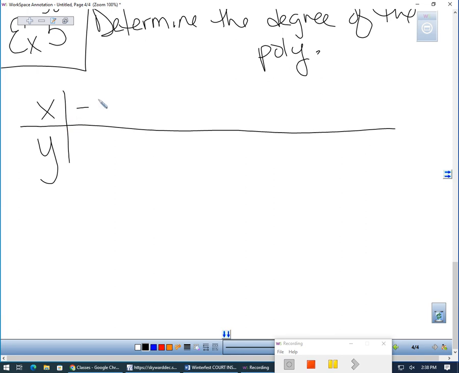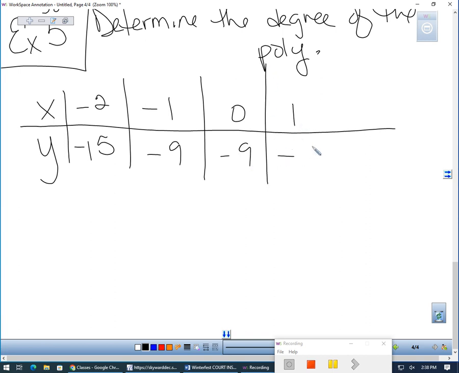In my table, I have the point -2, -15. I have the point -1, -9. I have the point 0, -9. I have the point 1, -9. And I have the point 2 and -3. In order to determine its degree, we have to do, back in algebra, I called it the loops.